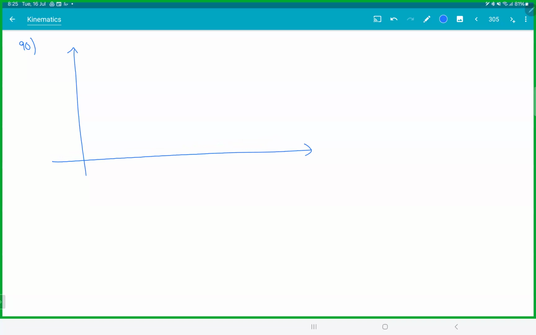So we have a graph between x and 1 by v. This is 2. This is 3.